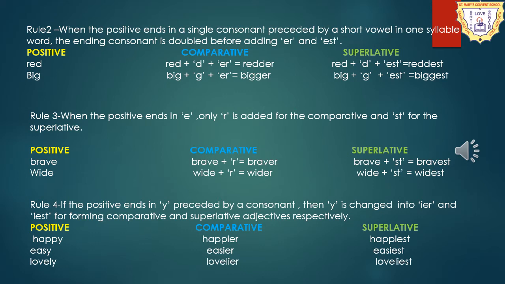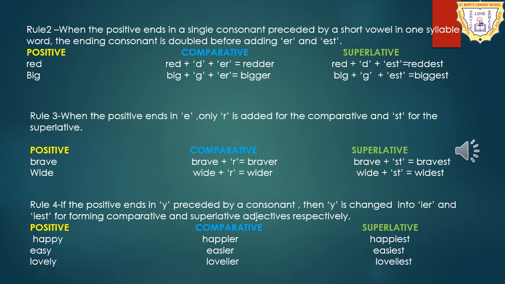Now we come to rule number 2. When the positive ends in a single consonant, consonant means any alphabet other than the vowels, preceded by a short vowel in a one syllable word, the ending consonant is doubled before adding er and est.